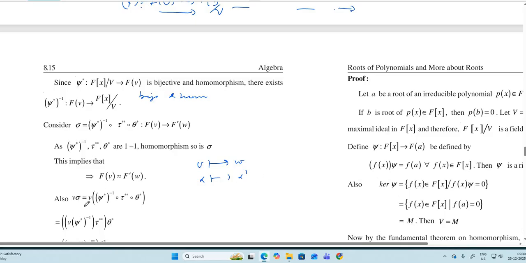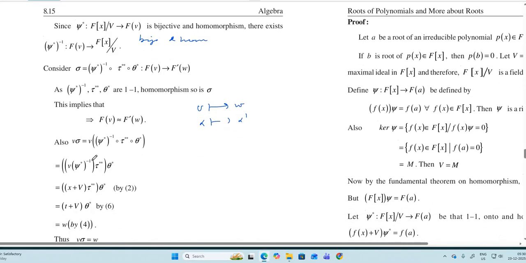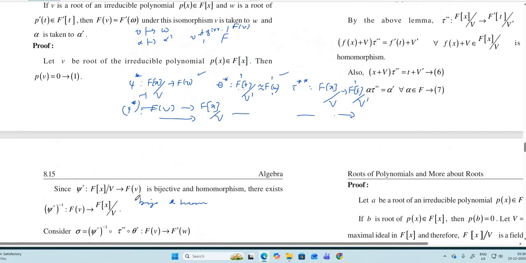So you consider v sigma. V sigma means v psi star inverse, composed with tau double star and theta star, by the definition of composition of mappings. What is psi star?